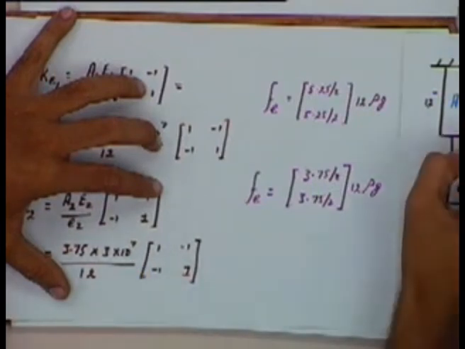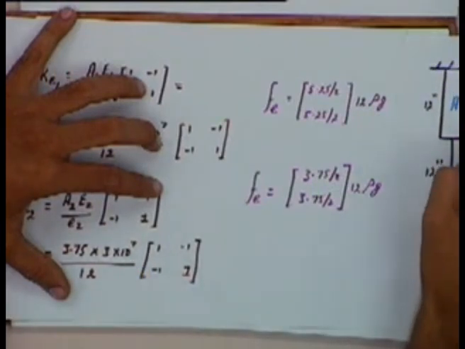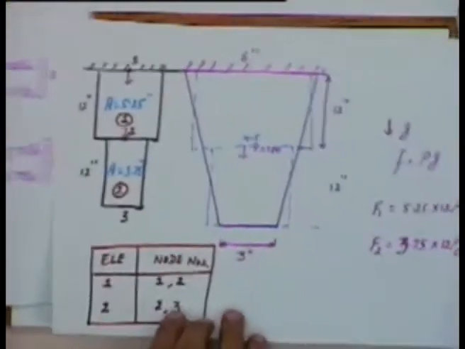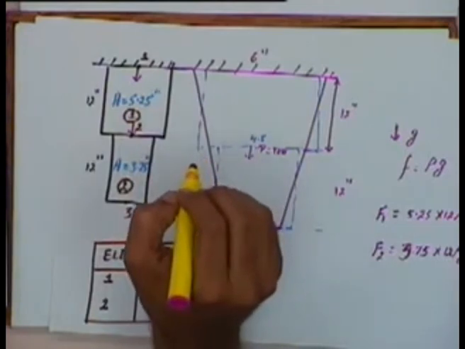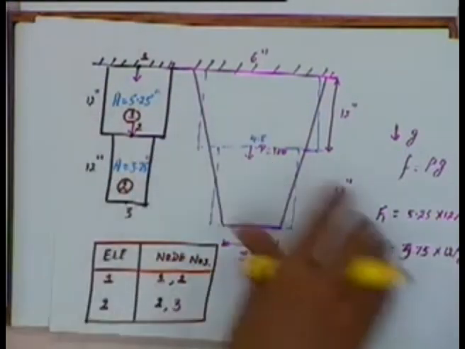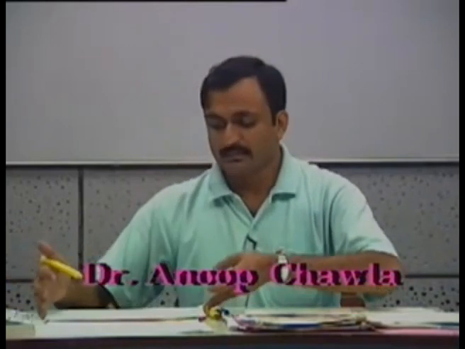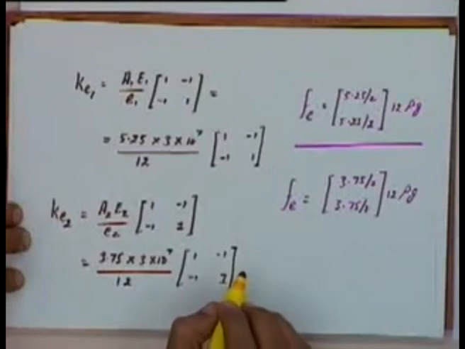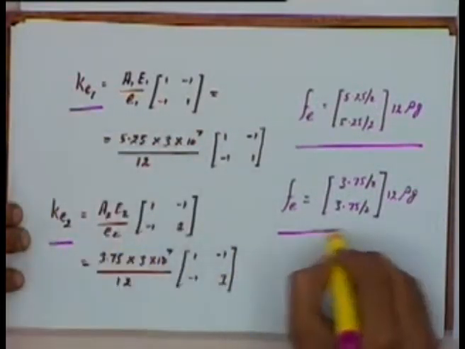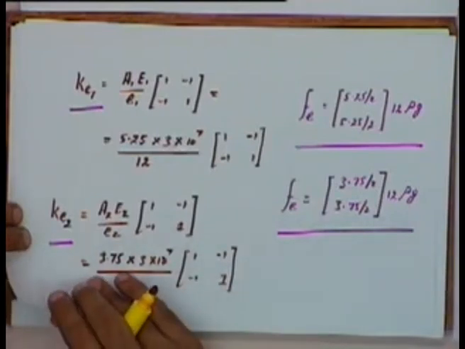Okay, and if I take the point loads, I have a point load of 100 units given at node number 2. We will incorporate that later on when we talk about the global equations, and see how that can be incorporated. So as far as the elemental equations are concerned, we will get body forces given by this expression, and element stiffness matrices given by these.